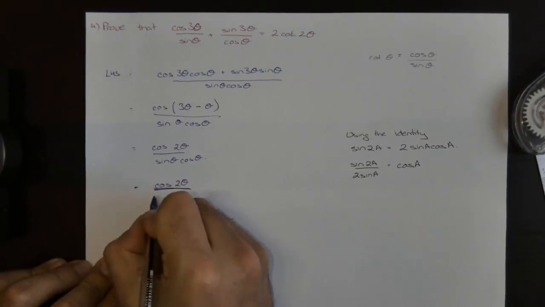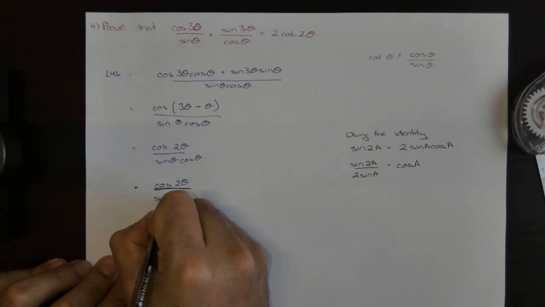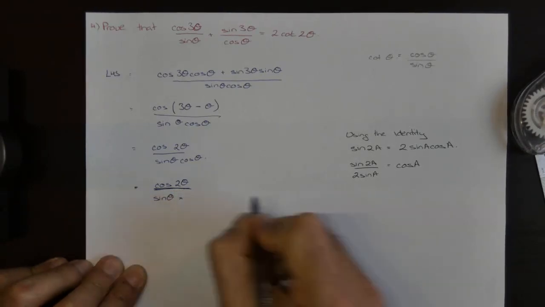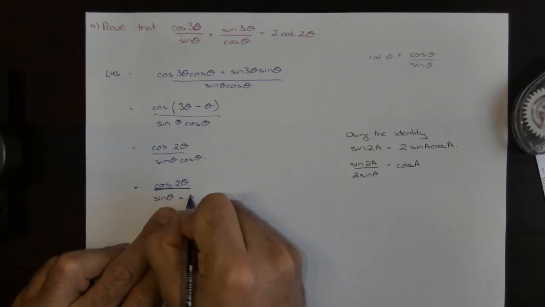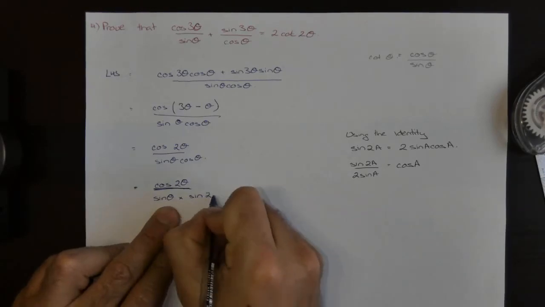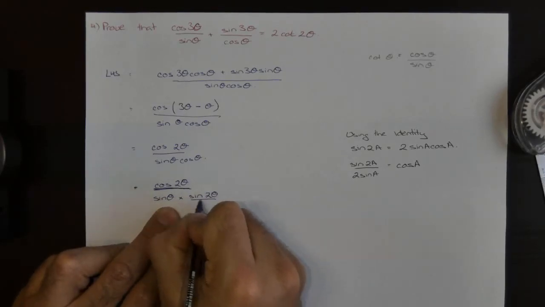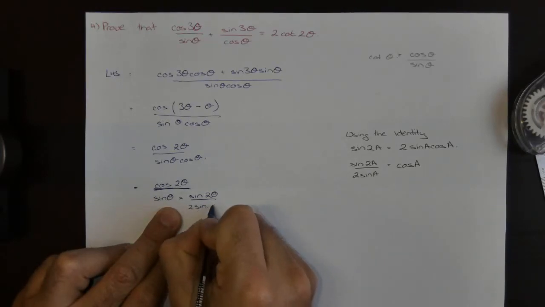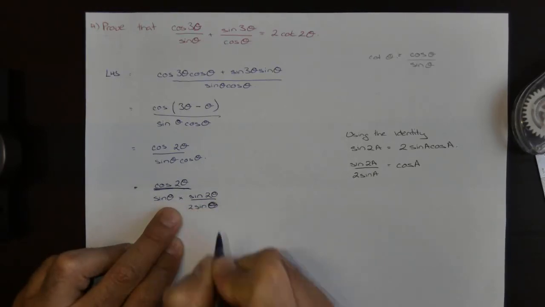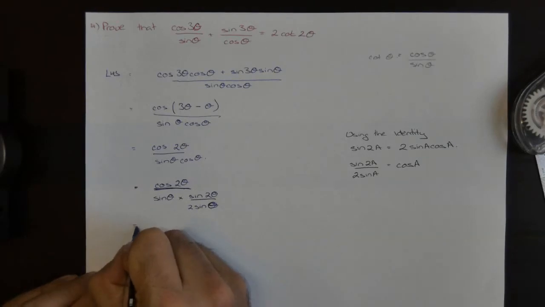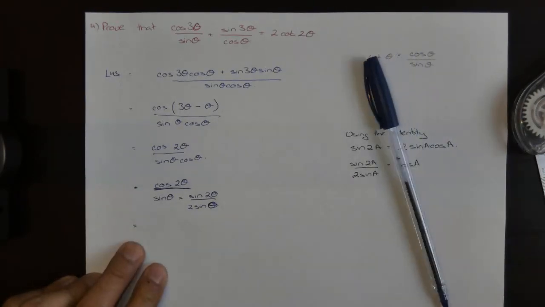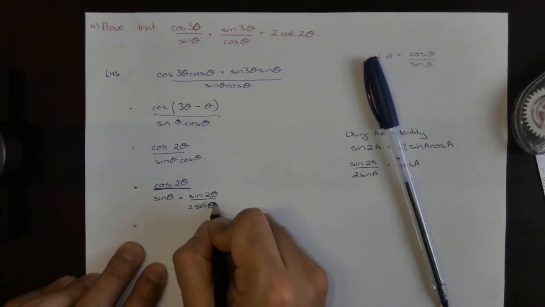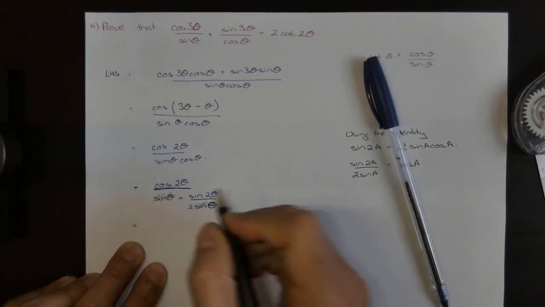So I've got cos 2 theta all over sine theta multiplied by sine 2 theta over 2 sine theta, because a is theta at the moment. Okay. Well, this cancels out this.